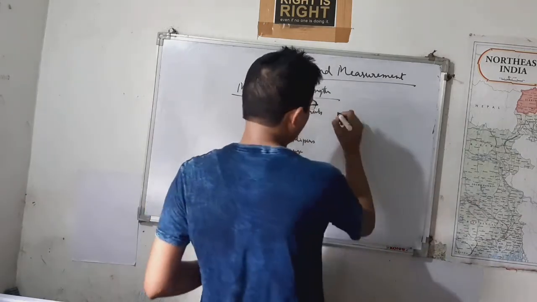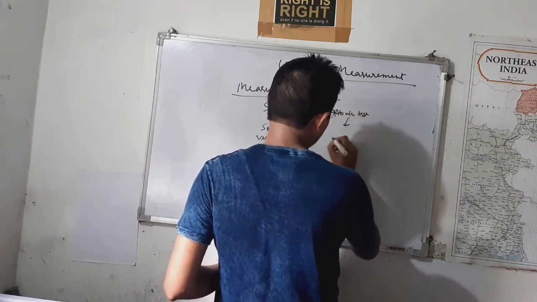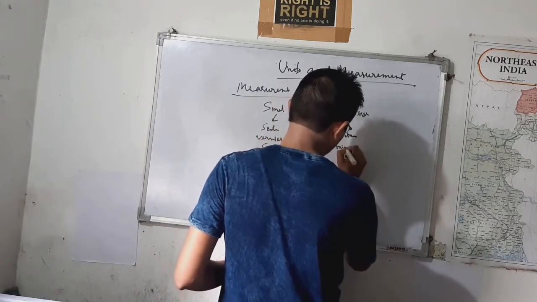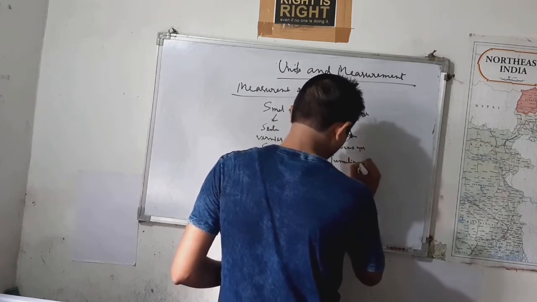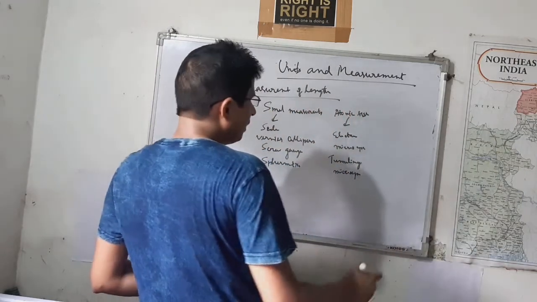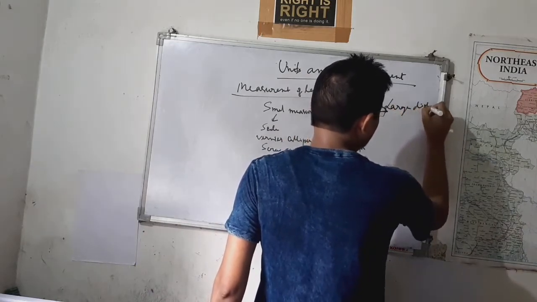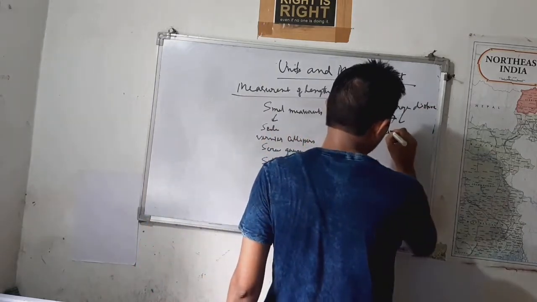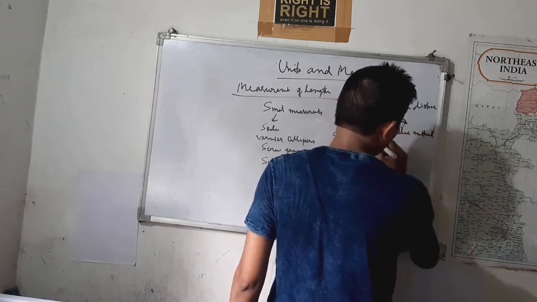If you want to measure atomic size, then we use an instrument known as the electron microscope or tunneling microscope. If you want to measure a large distance, suppose the distance of a star from Earth, then we use the method known as the parallax method.